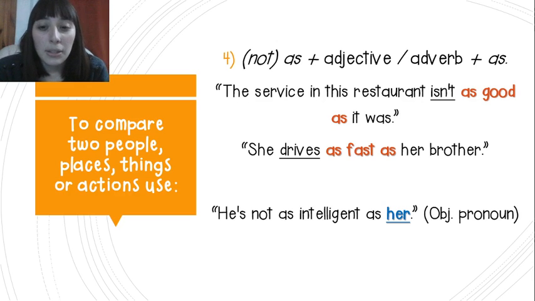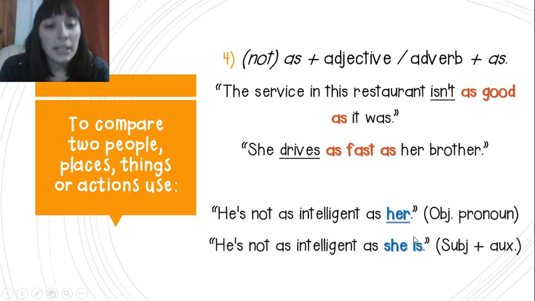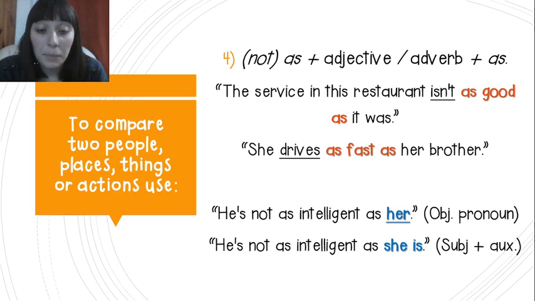You notice that we don't say he's not as intelligent as she. Here we need an object pronoun, like her, him, them. But we can say he's not as intelligent as she is. Here we are using the subject and the auxiliary verb.